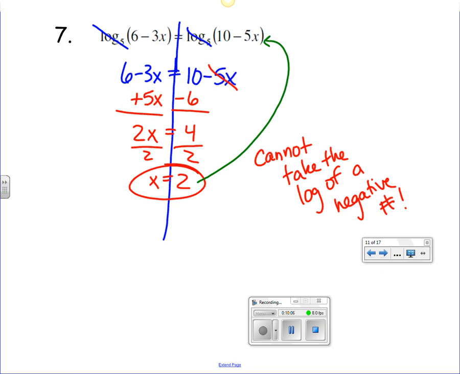Also, sorry, you can't take the log of a negative number or 0. So when you plug in 2, 10 minus 5 times 2 would be 10 minus 10, which gives you 0. So that is impossible. So this one is actually no solution. So you do have to be careful with logs on checking your answer.